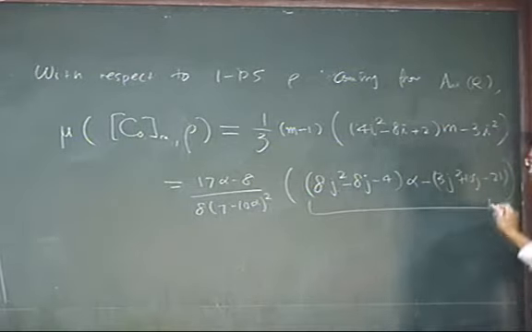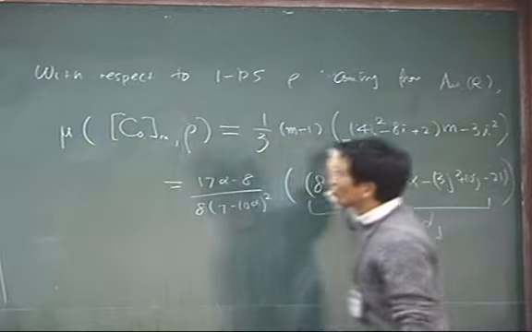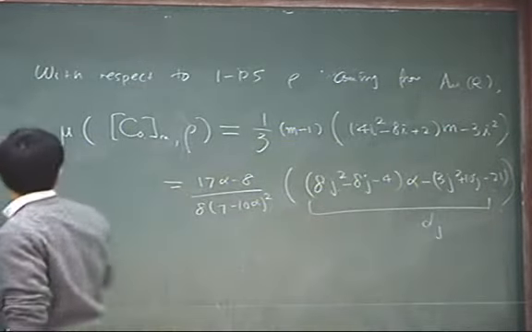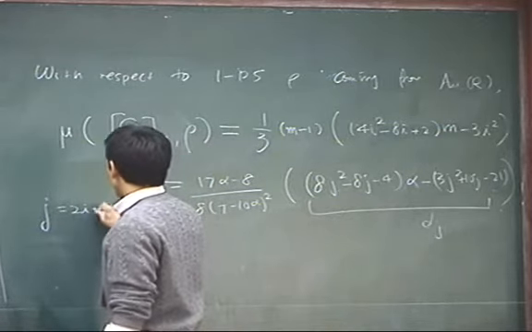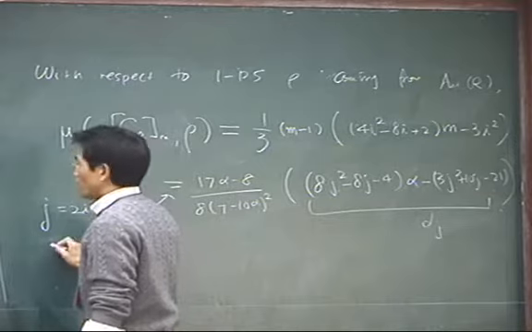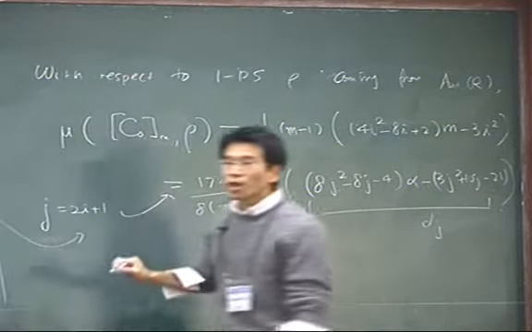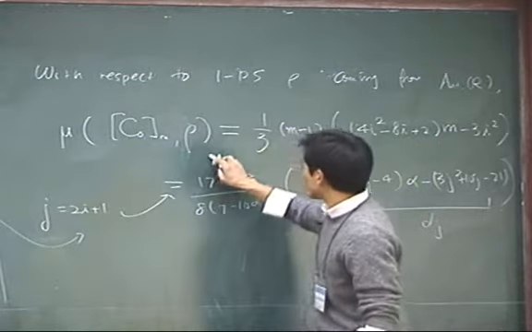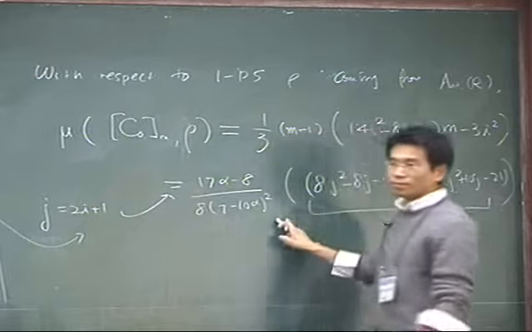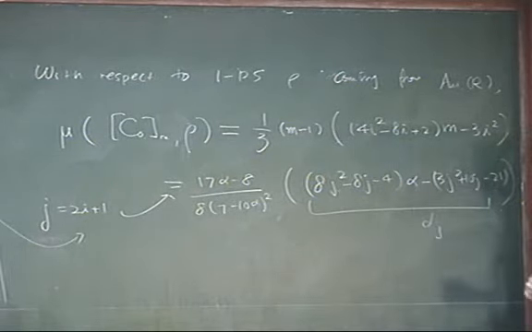So this is exactly the critical value alpha j. Now what's i and j? Well, j is 2i plus 1, and alpha is equal to that. So if you just make this substitution, then you get this Hilbert-Mumford index as something positive times something times alpha minus alpha j.